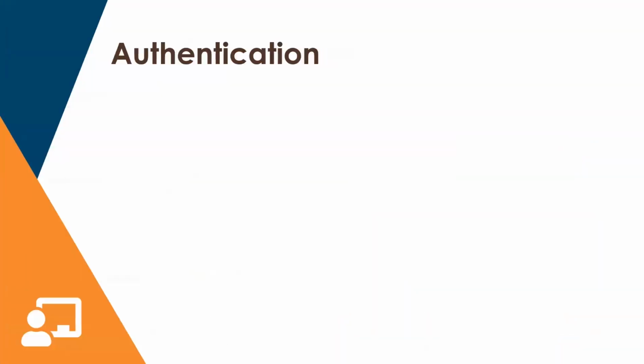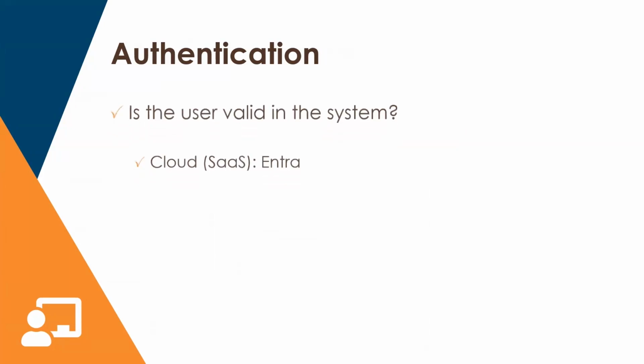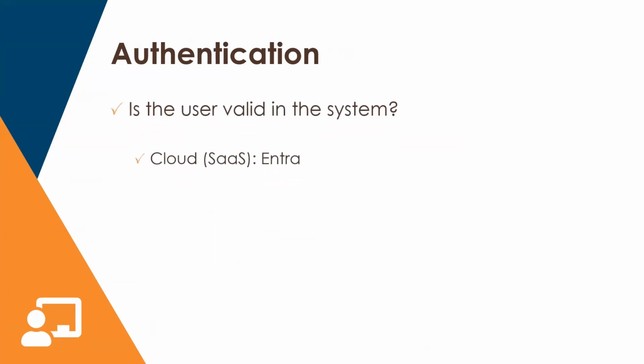So the next step in security in Business Central is authentication. It's basically just, is the user valid in the system? If you're on BC SaaS, in the cloud, there's only one way that a user can get authenticated, and it's through Entra. I've been saying it wrong for a year now, and I was corrected a couple of weeks ago. That is what was known as Azure Active Directory. This is where all of your user validation is going to take place if you're on the cloud.